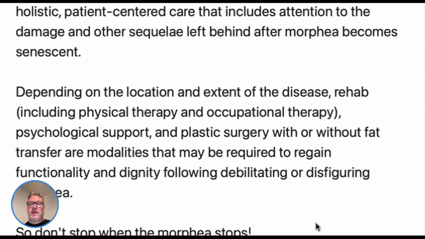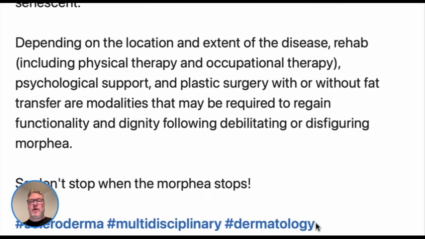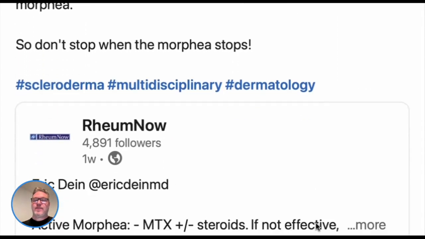Depending on the location and extent of the disease, rehab, including physical therapy and occupational therapy, psychological support, and plastic surgery with or without fat transfer are modalities that may be required to regain functionality and dignity following debilitating or disfiguring morphea. So the take-home point I got from that algorithm, as handy as it was about active disease, was to not stop when the morphea stops.